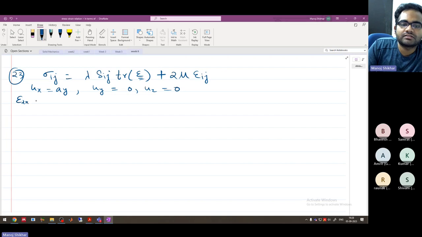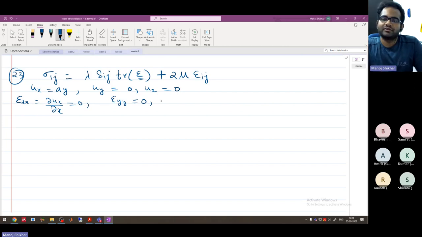So what is epsilon xx? It is 0. Why? Maybe I'll write the formula, del ux by del x. It is 0. Epsilon yy equal to 0 because there is no function of y in u1. And epsilon zz is 0.